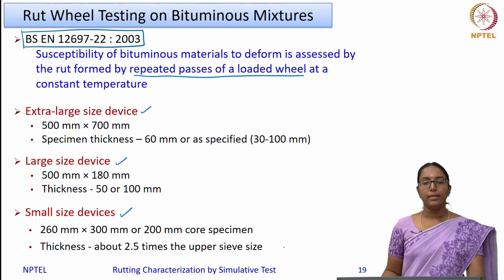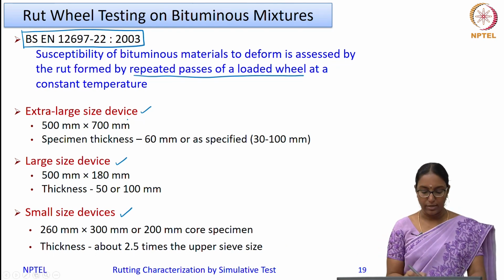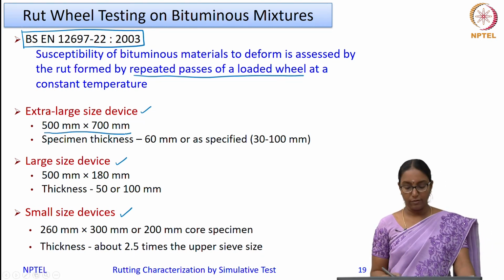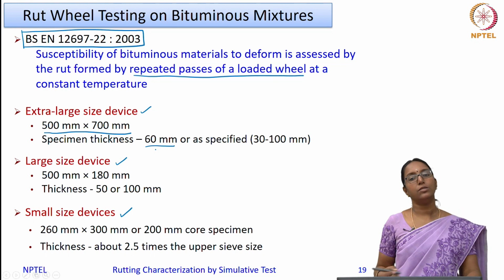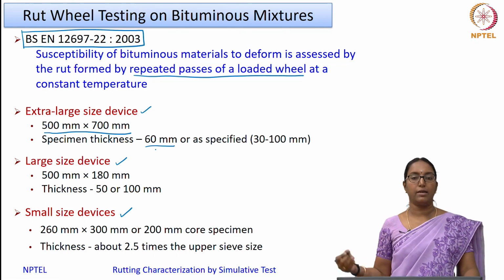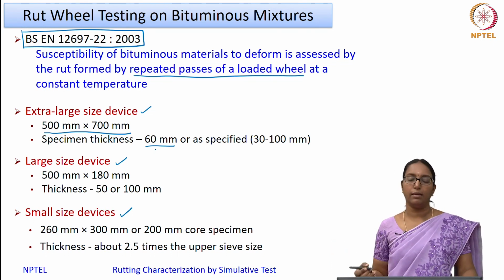In the extra large size device, the specimen is rectangular in shape, 500 by 700 mm, and the thickness, if specified, is 60 mm. Otherwise, you can have different thicknesses of, say, 30, 40, 50, 100 mm, etc., based on the thickness in which you are going to lay the material in the field.